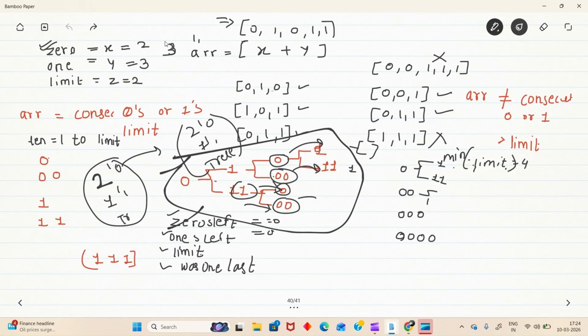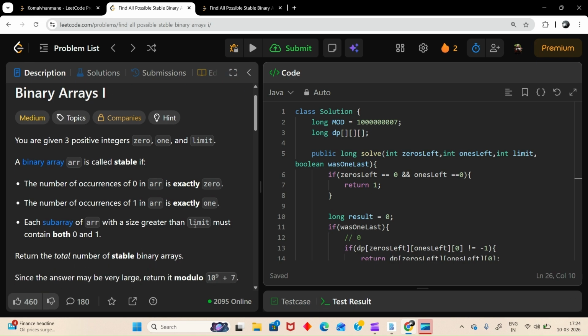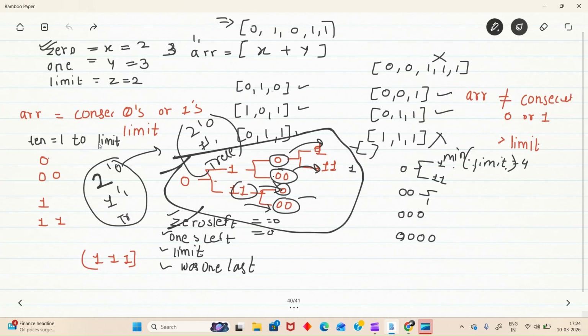Then the other condition is that every subarray of the binary array of size greater than limit must contain both 0 and 1. If my limit is 2, then greater than 2 means size 3 to 5, and those subarrays should contain both 0 and 1.